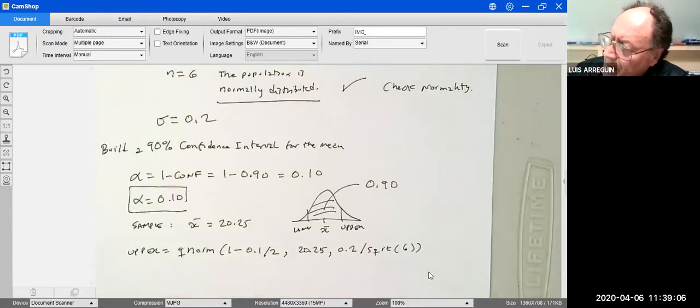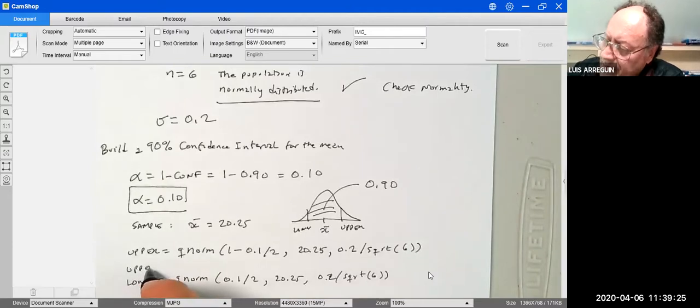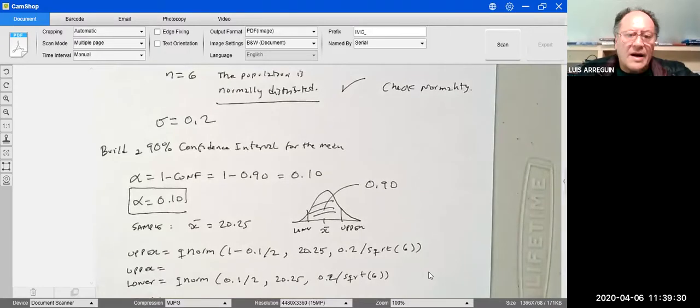That's for the upper limit. For the lower limit, it's the same thing, but the first value is just 0.1 over 2, then 20.25, 0.2 over the square root of 6. So we're going to get an upper value and a lower value by using R.